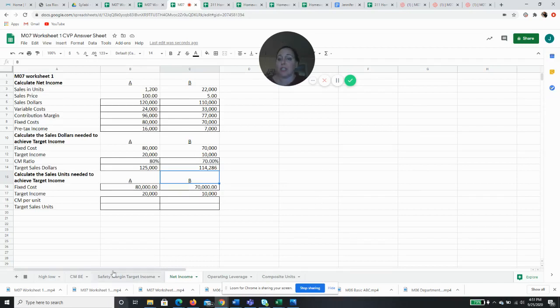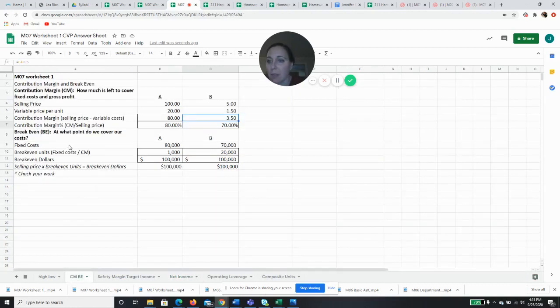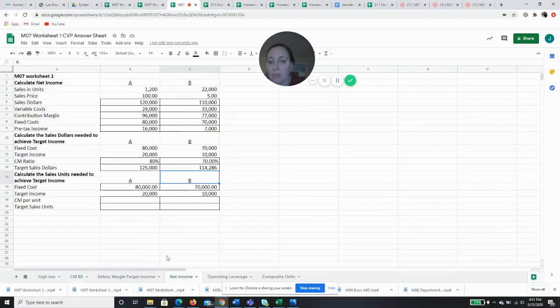If I'm forecasting in units, same thing, except instead of dividing by contribution margin percentage, I'm going to divide by contribution margin. Because remember, back on break even, my break even units was fixed cost divided by contribution margin. Now I'm just going to add the profit I want to make.